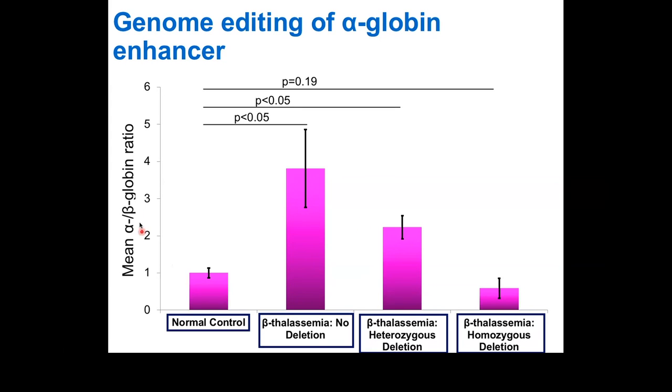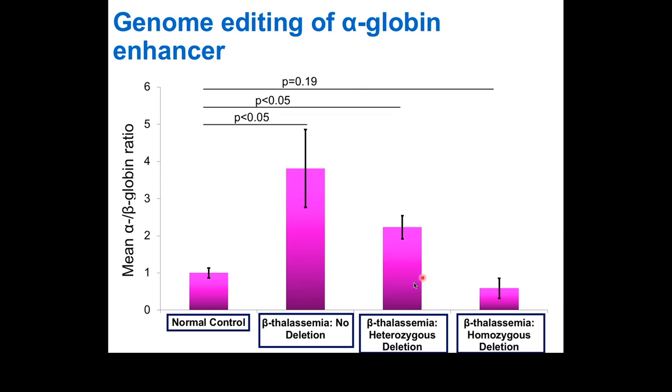This figure shows the alpha to beta globin ratio in patients with thalassemia and normal controls. In normal individuals, in erythroid cells, the alpha to beta globin ratio is 1. Whereas in patients with beta thalassemia, because alpha globin is in excess, the alpha to beta globin ratio in erythroid cells is much higher than 1.